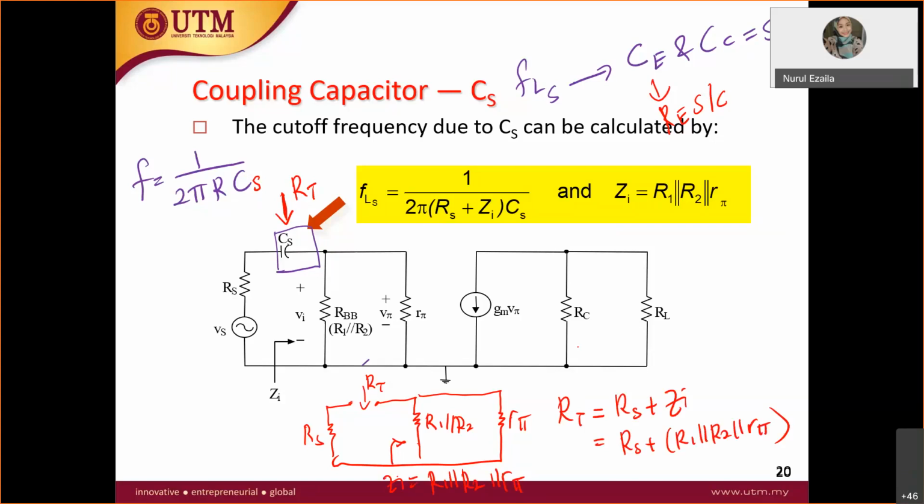So this frequency is FLS. You have all the resistor values as well as the capacitor value given, and 2 pi of course you know, so the frequency is equal to 1 over 2 pi RT times CS.